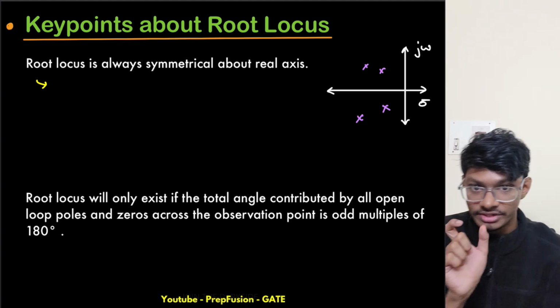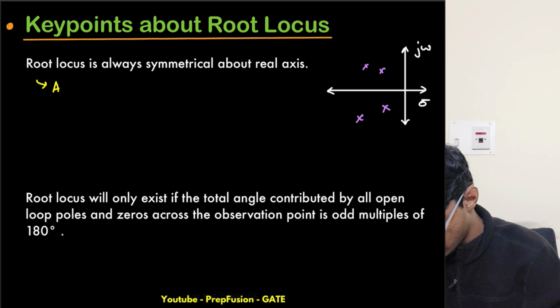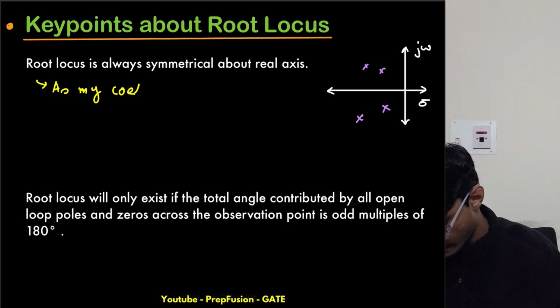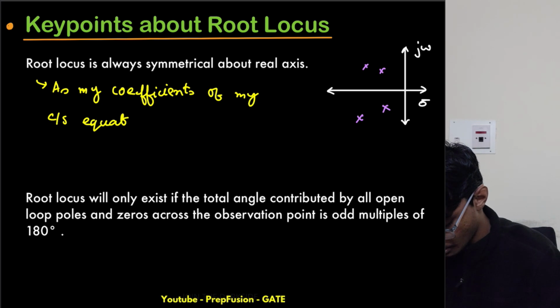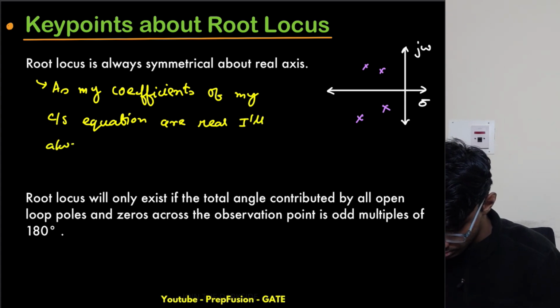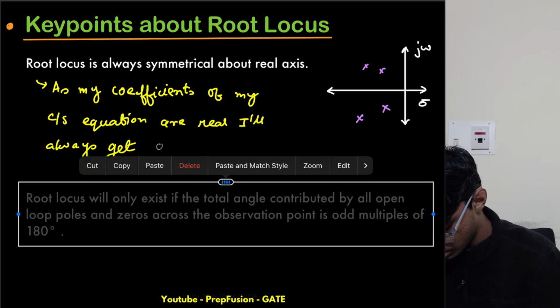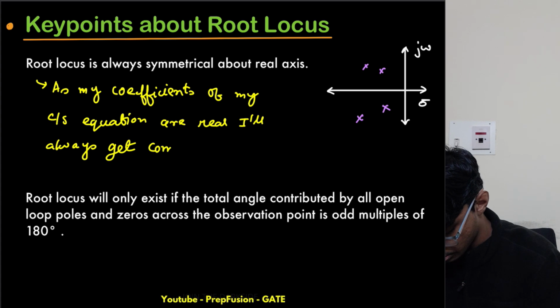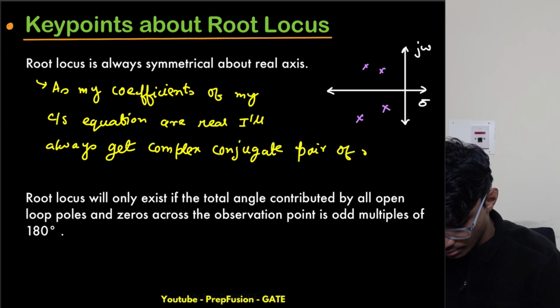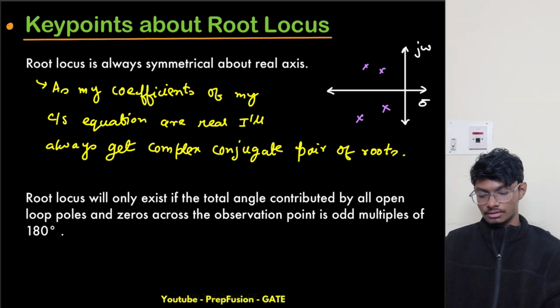Okay, because the coefficients of my characteristic equation are real, I will always get a complex conjugate pair of roots.